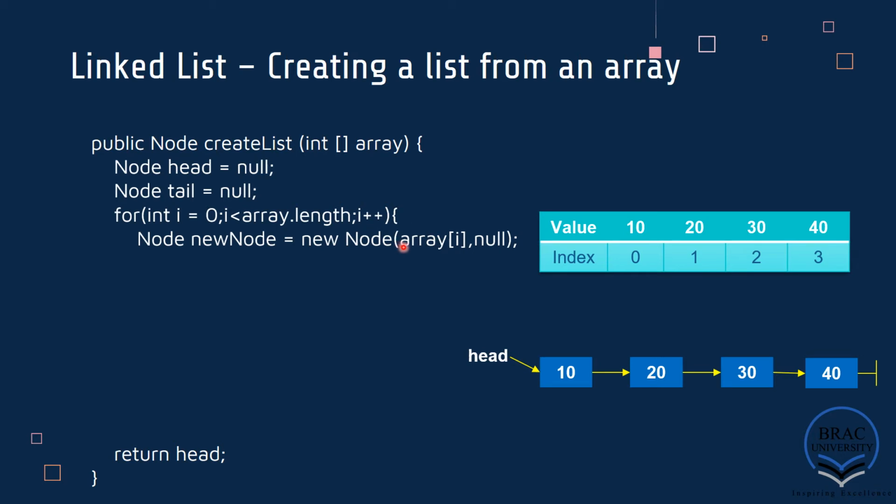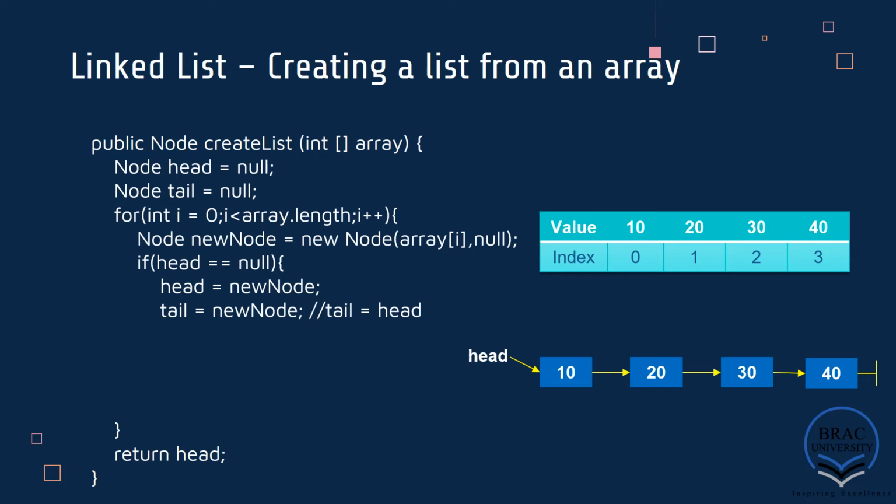In this constructor I have the value of the array, array[i], comma null. So this will give me the value at index i of the array, and we create a node containing it.